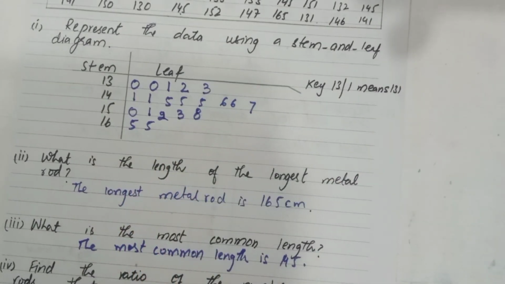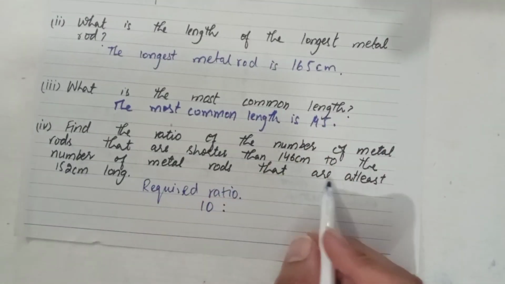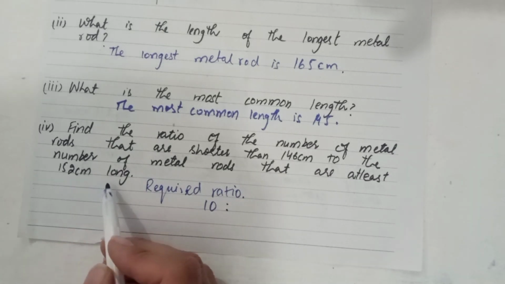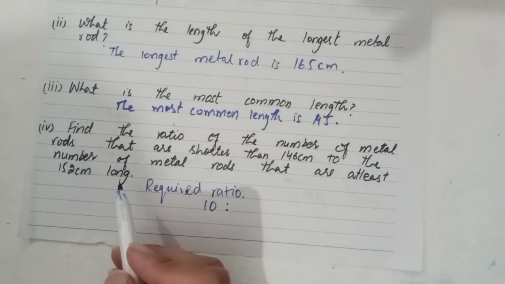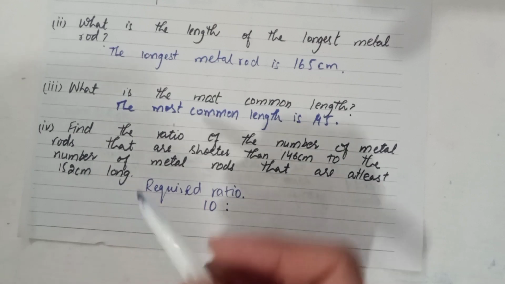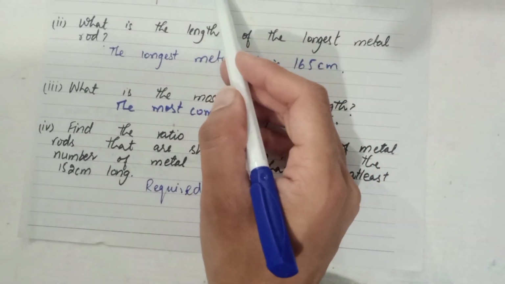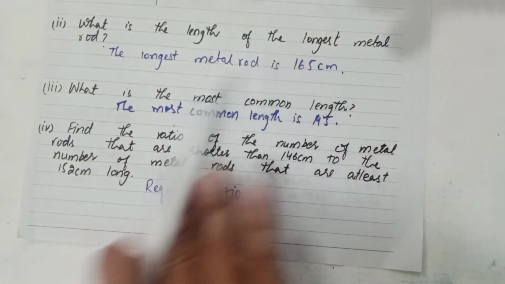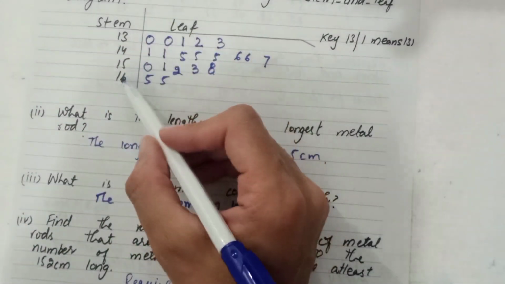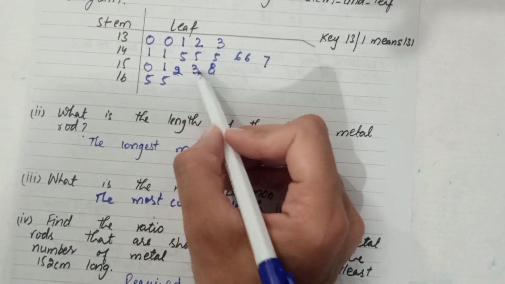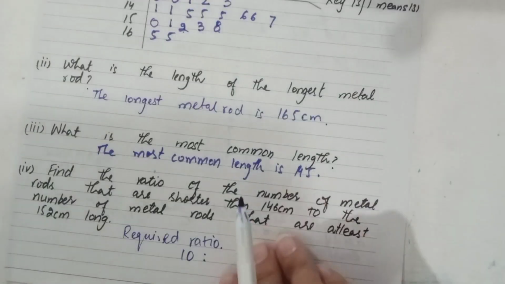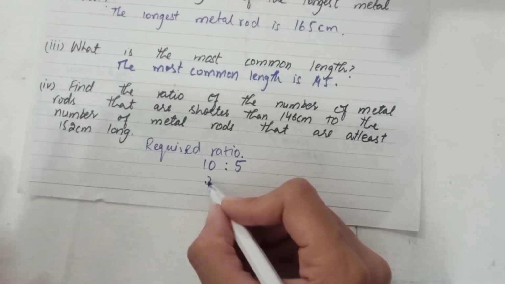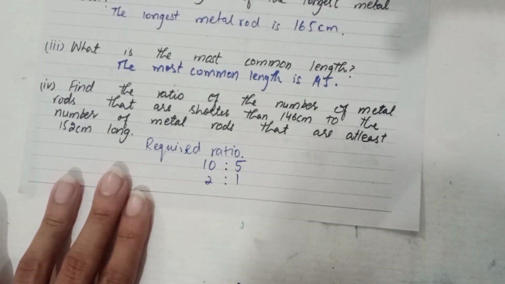This is 10. On the other side, we count the rods at least 152 long. We count from 152, and these are 1, 2, 3, 4, and 5. And this is 5. We can simplify it, and the required ratio is 2 to 1.